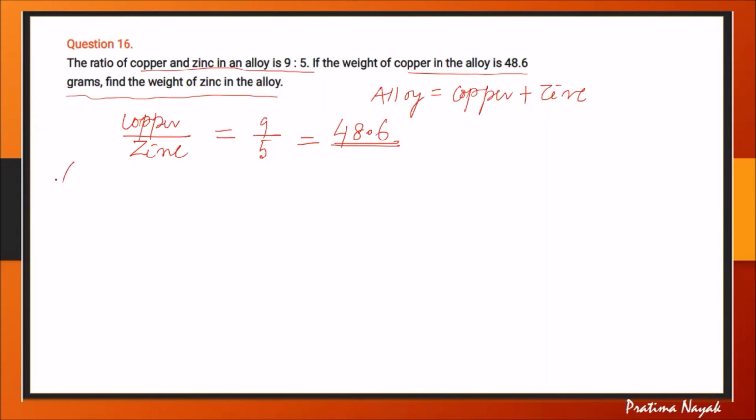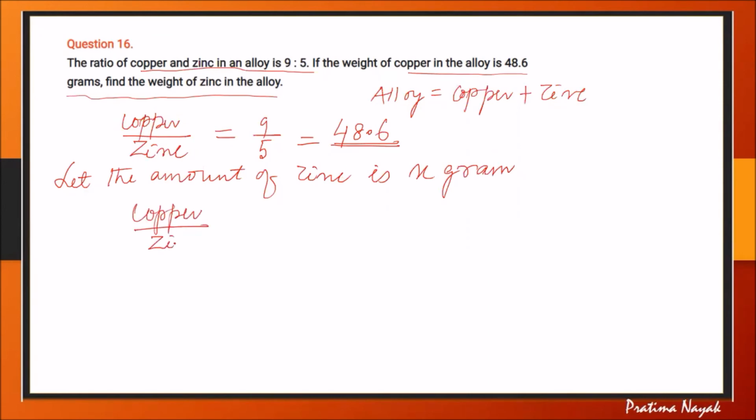We have to get the zinc. So let the amount of zinc be x gram. That means the ratio of copper and zinc would be 48.6 upon x.